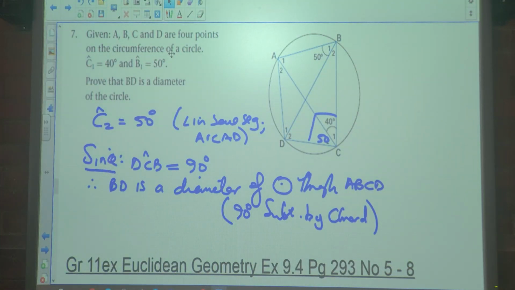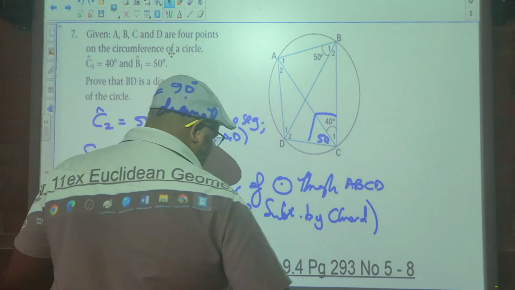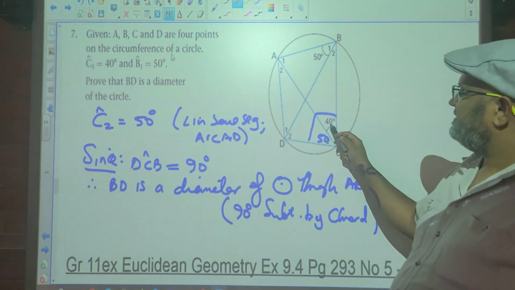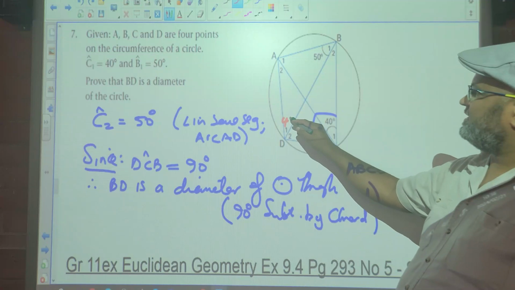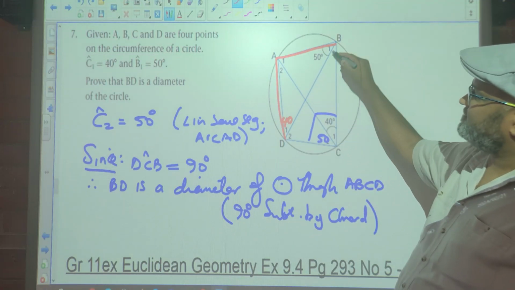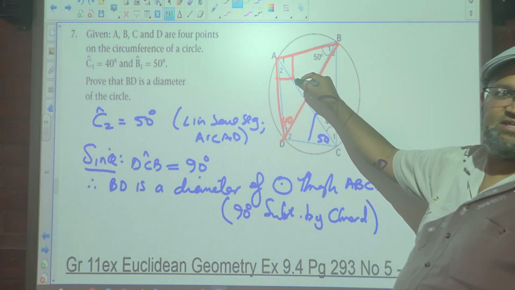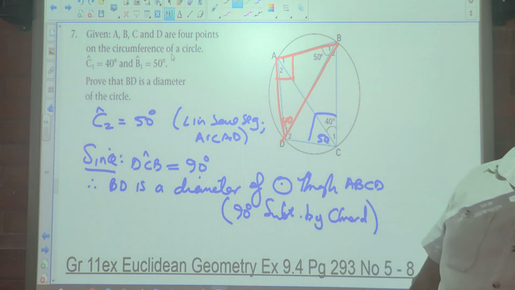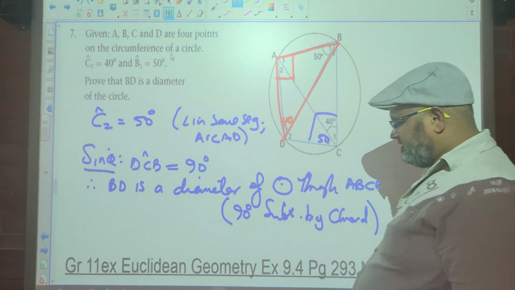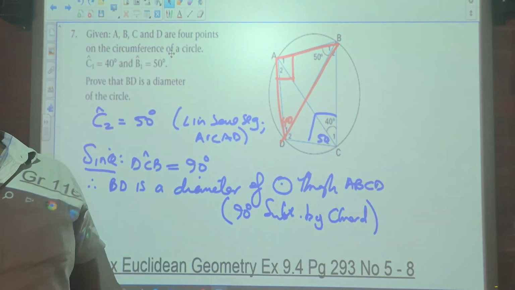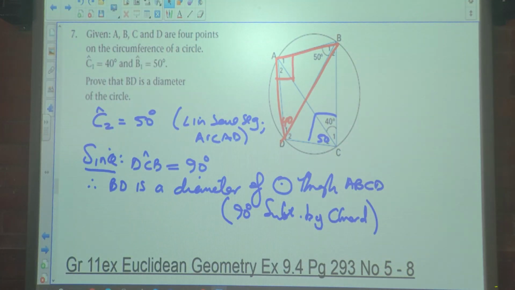Any confusion? Otherwise, you could have gone with the fact that this is 40, then this would have also been 40 here. Then you could have got sum of triangles, then this would have been 90. You would have gotten the same outcome as well, no? But I think that would have taken an extra step.